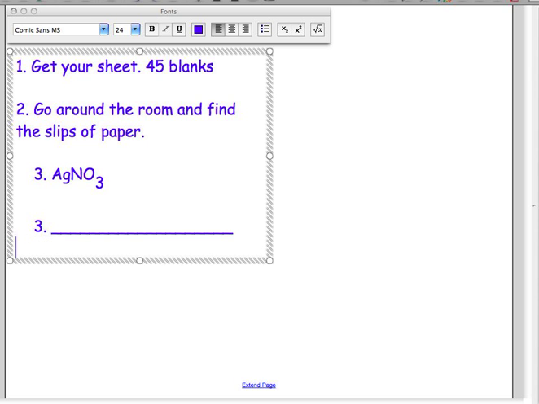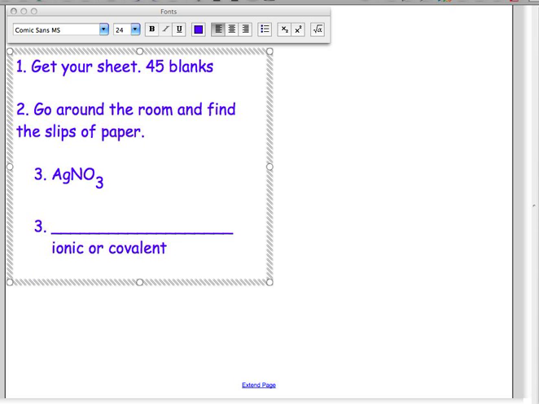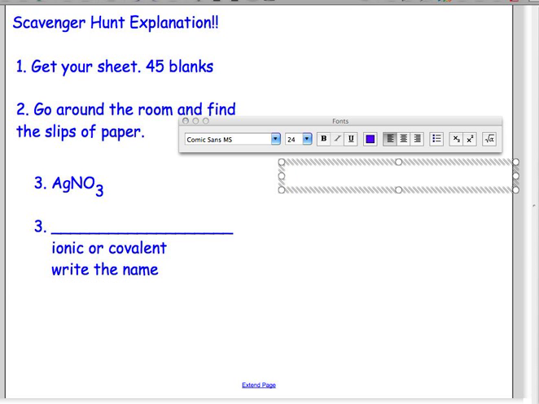What you need to do is you need to say if it's ionic or covalent. And then for this one, it gave us the formula, so we would write the name. If it gave you the name, you would write the formula. So that's what you're looking for. So if we look at this one right here, silver or Ag is a metal, NO3 is a polyatomic.